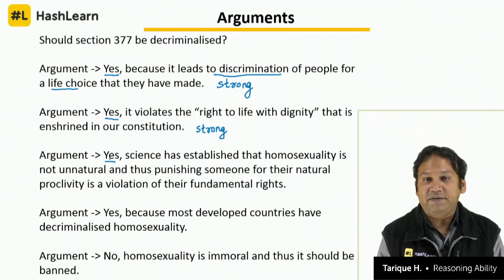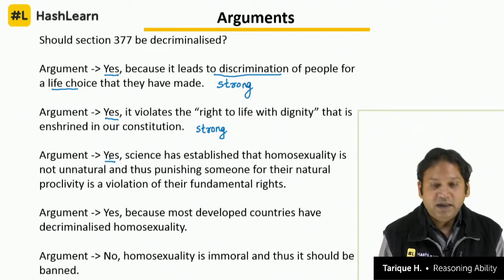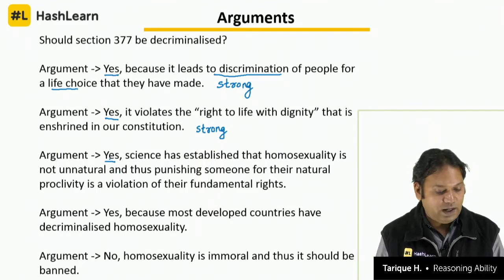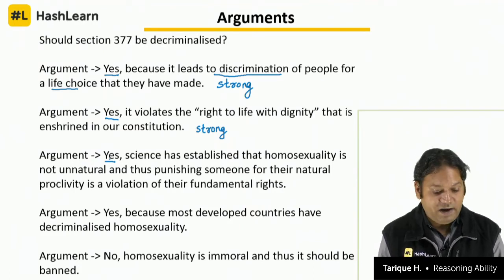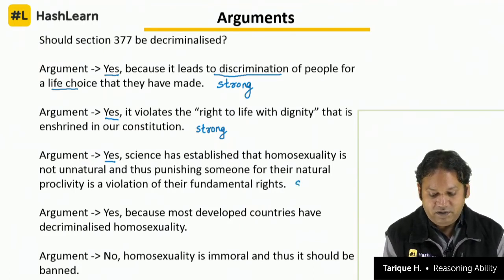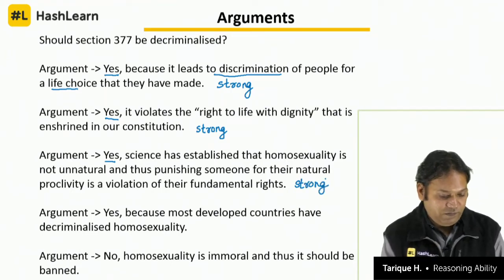Science has established, it's giving an evidence plus the reasoning. Science has established that homosexuality is not unnatural, and thus punishing someone for their natural proclivity is a violation of their fundamental rights. A very well worded, strong argument. Let's look at the fourth one.